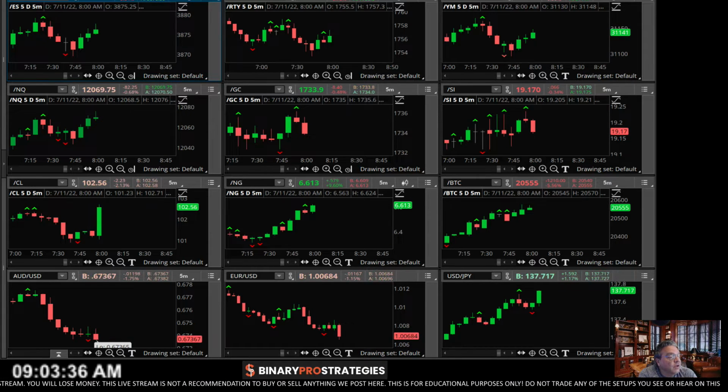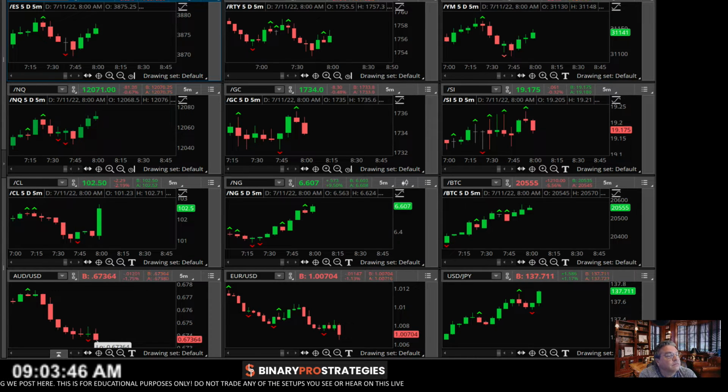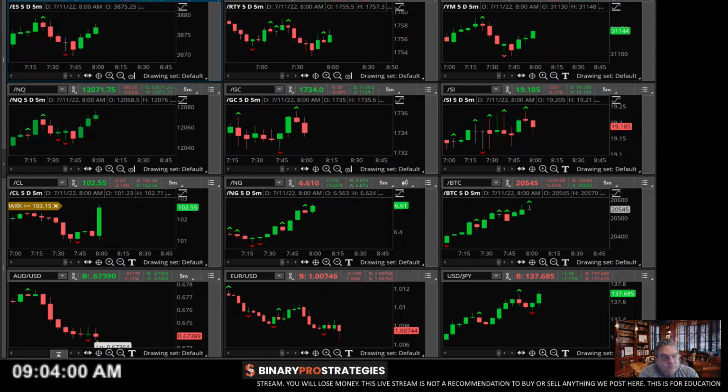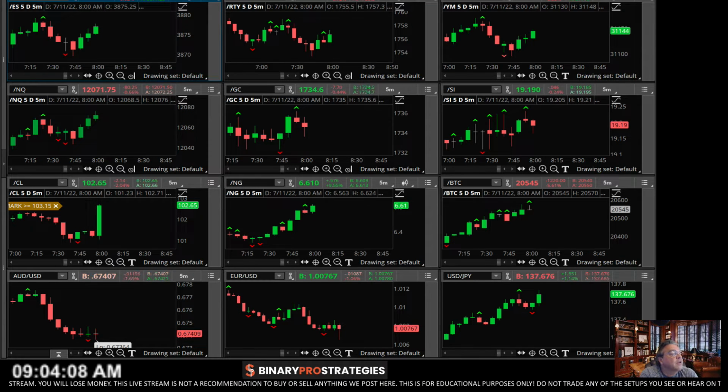There is a second target up here, which is going to be, let's see here, 103.15. Profit target hit. So 103.15 is going to be that target on that crude. Reversal is going to be 101.65.